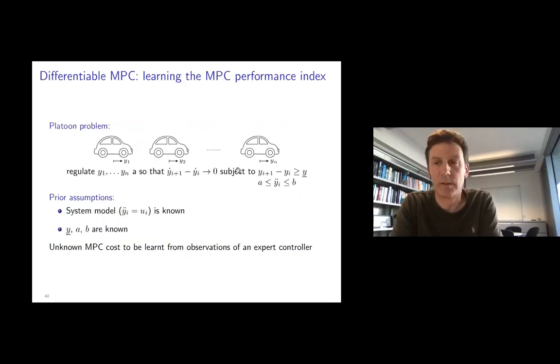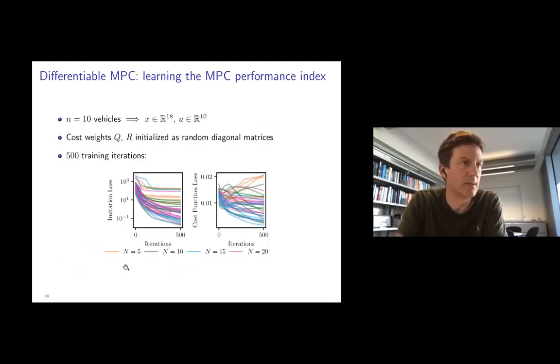So I want to finish with a slightly more interesting example. This is a platooning problem where we have a set of n vehicles with some initial spacing between them and initial velocities. We want to control the vehicles so that they settle to a fixed spacing between them. I'm assuming that we know the system model, but we want to learn the MPC cost, which corresponds to a particular expert controller.